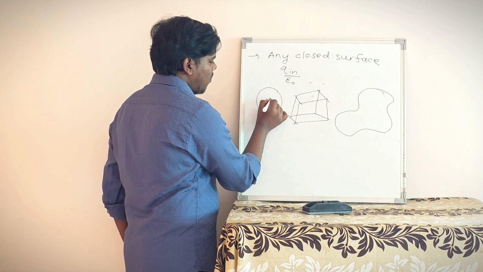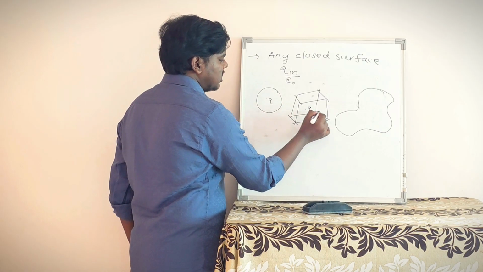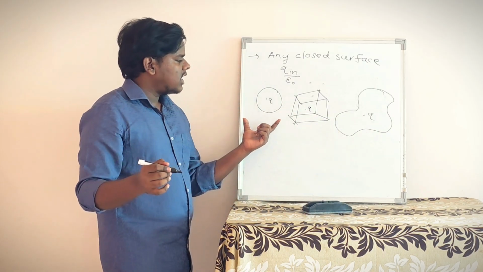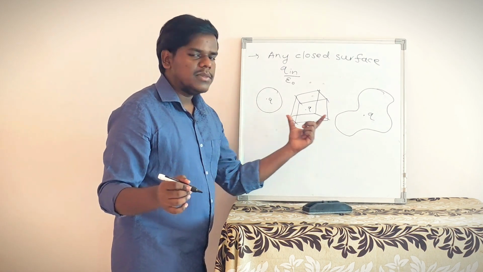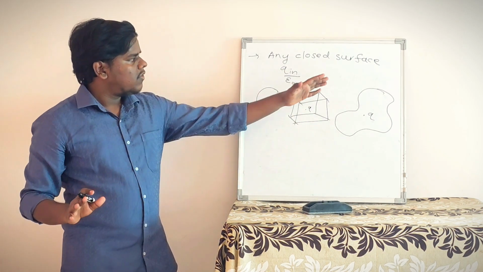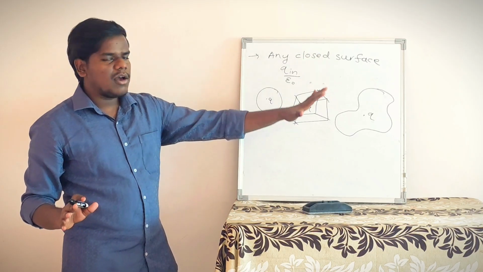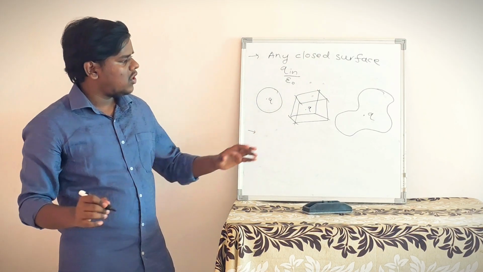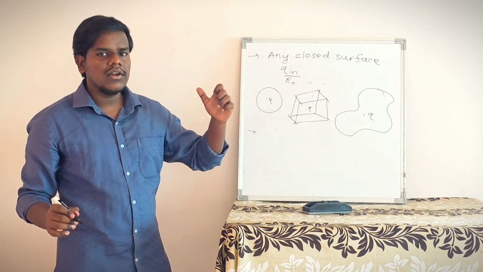Let's say here we have charge Q, here we have charge Q, here we have charge Q. These three objects have different shapes and sizes, but by using Gauss law, the flux will be the total charge inside upon epsilon naught. This doesn't depend upon the shape and size of the object.